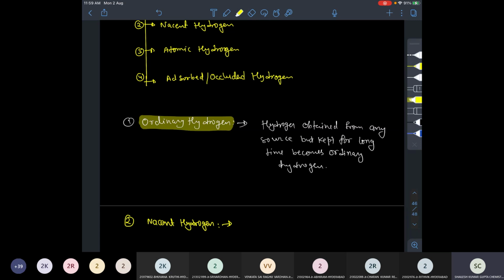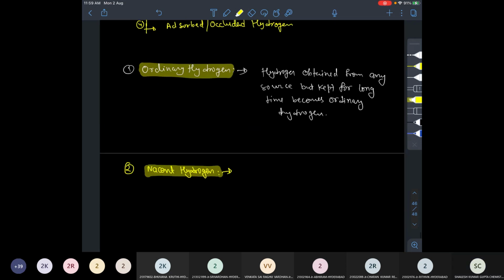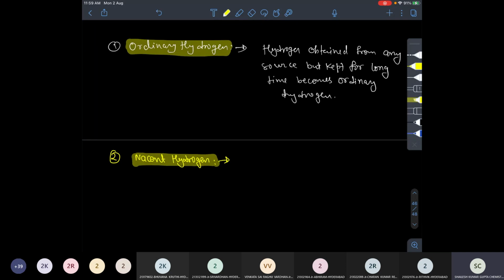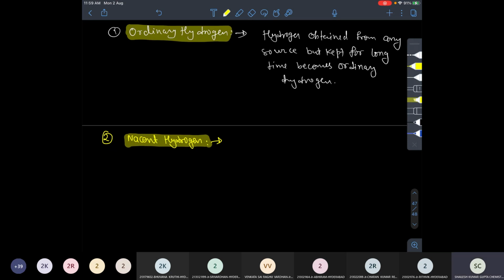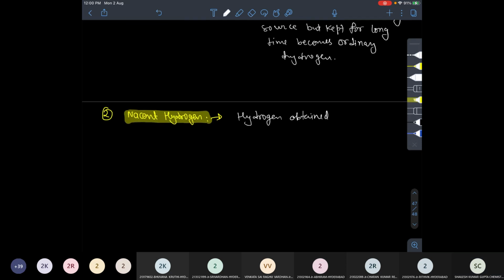So what is nascent hydrogen? Hydrogen obtained at the time of reaction, during the course of reaction.